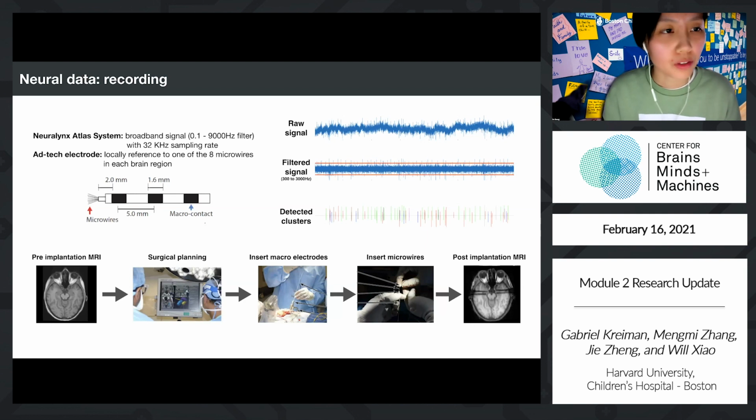And here I am just showing the signals we recorded. On the top are the raw signals. You can see the local field potential data embedded with some ticks, which are the single unit data we recorded from humans. By applying bandpass filters and spike sorting algorithms, we were able to capture the single neuron activities from the raw data.